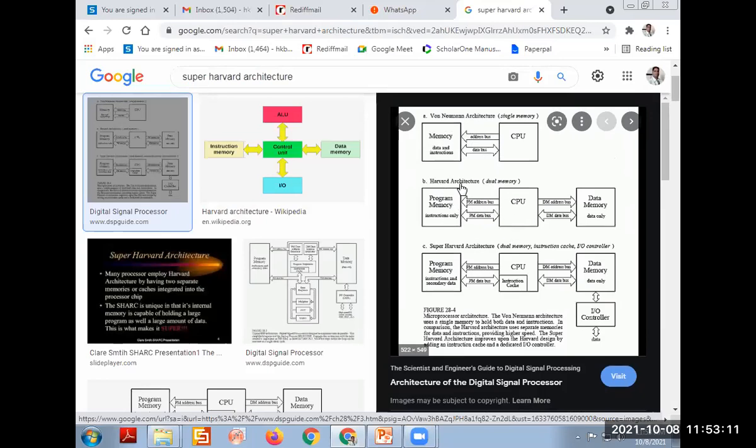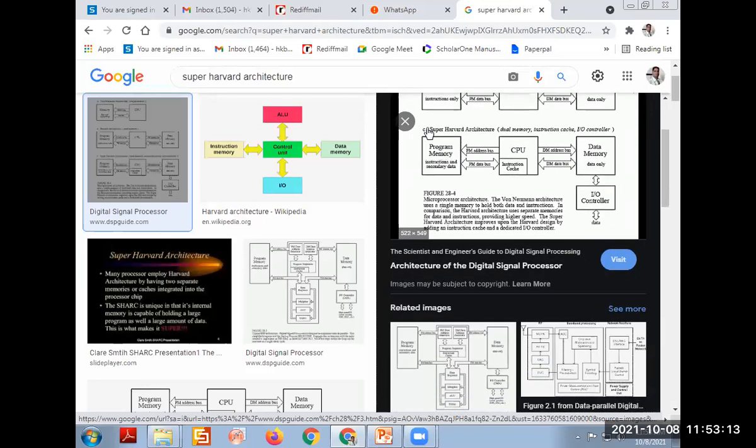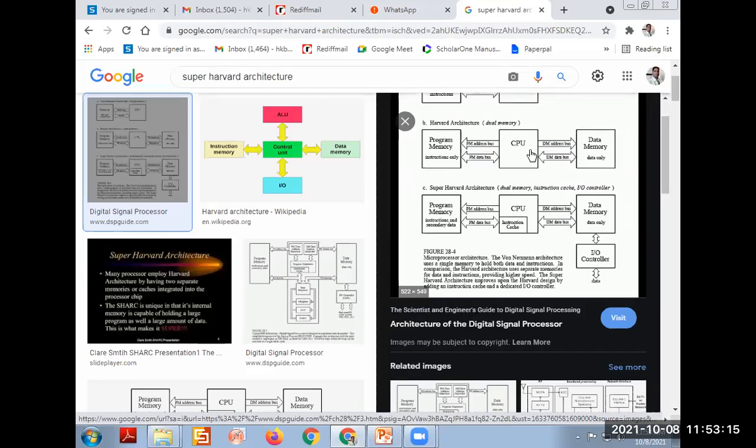This is Harvard architecture. And what is this? Super Harvard. What is the change in that? Both the diagrams are the same, data memory only here. But in case of program memory, it is further classified as a secondary data memory. This program memory has two memories in it, program as well as the second data memory. Clear? Yes, sir. Okay.